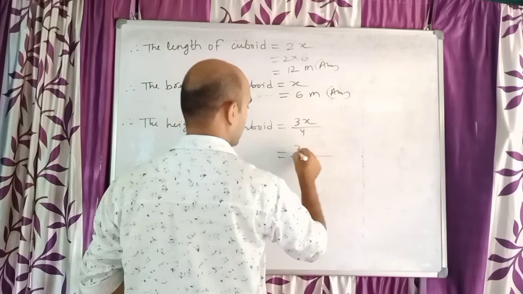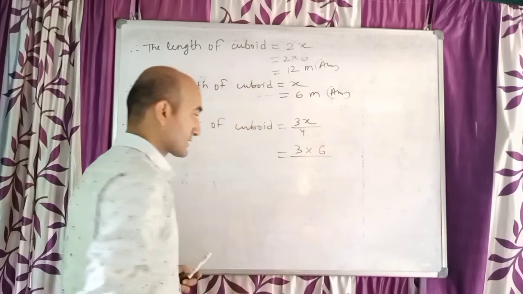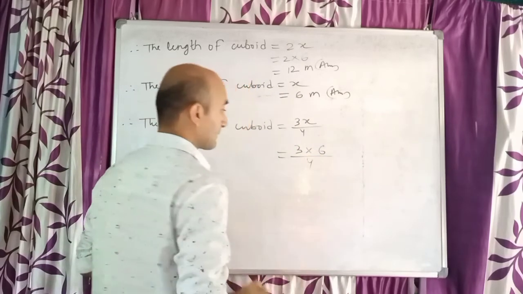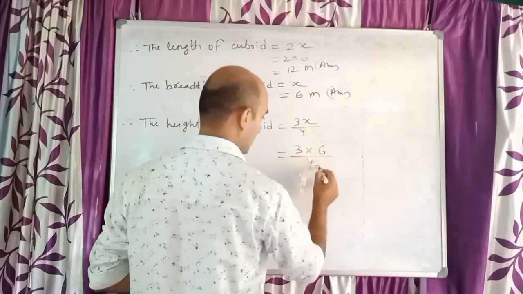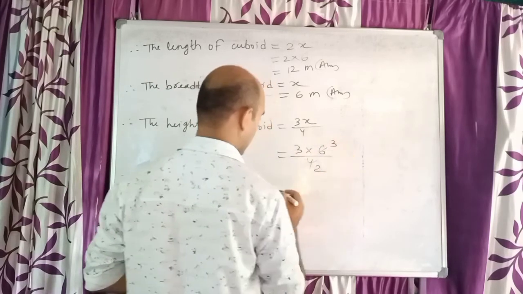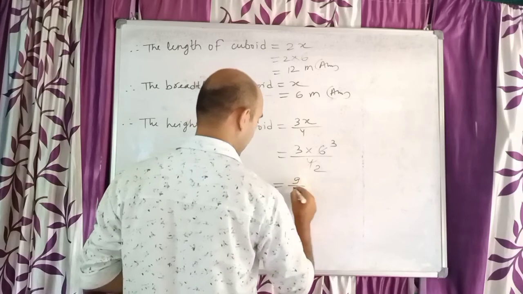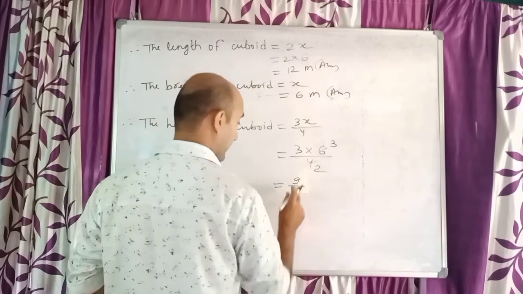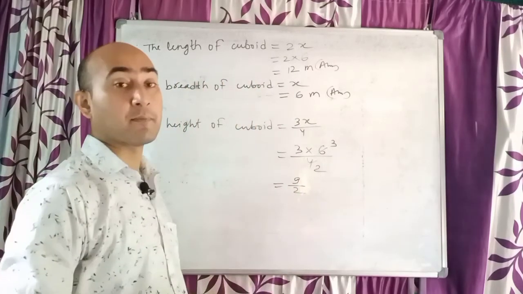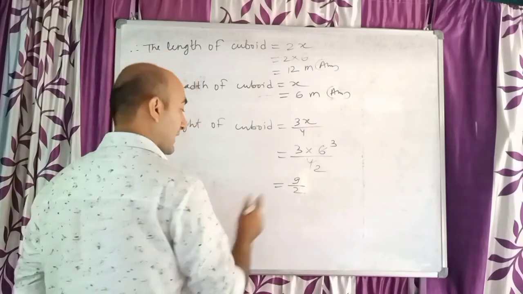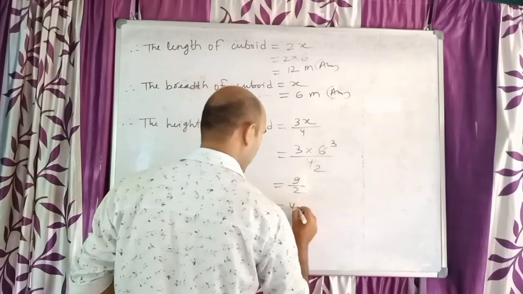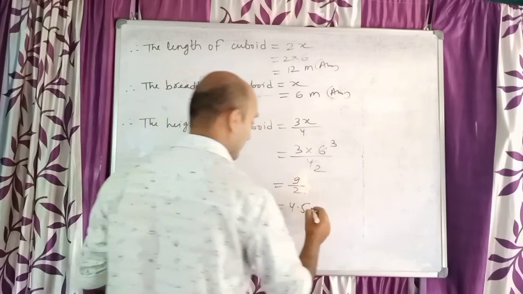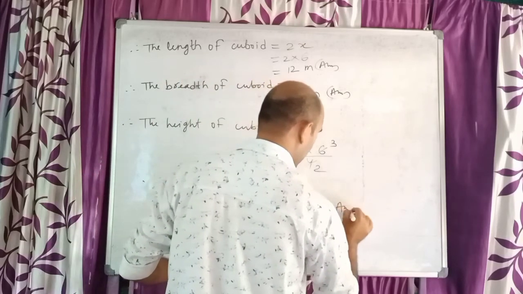So I can write 3 into x, which is 6, by 4. Let me cancel a few parts. 2 2s are 4, 2 3s are 6. So 3 3s are 9, 9 by 2. By 2 means making half of anything, so it will be 4.5. Half of 9 is 4.5 meter. So this is the third answer.